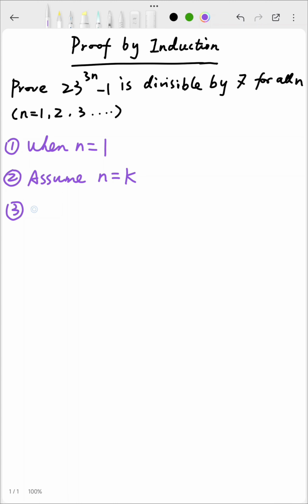And based on that, if we can prove the statement is also true when n equals the next positive integer up, which is k plus 1, then we can say the statement will always hold when n becomes any positive integer.